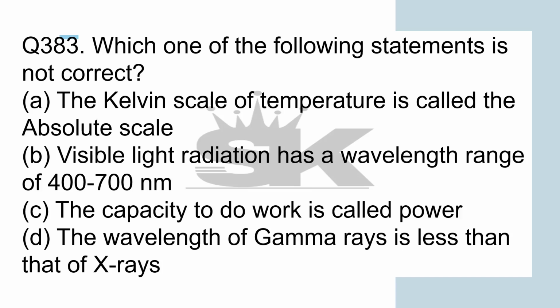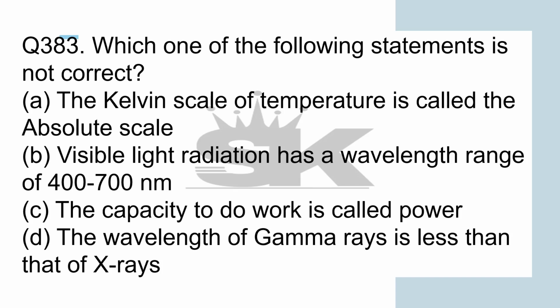Which one of the following statements is not correct? Option A: the Kelvin scale of temperature is called the absolute scale. Option B: visible light radiation has a wavelength range of 400 to 700 nanometers. Option C: capacity to do work is called power. Option D: the wavelength of gamma rays is less than that of X-rays.